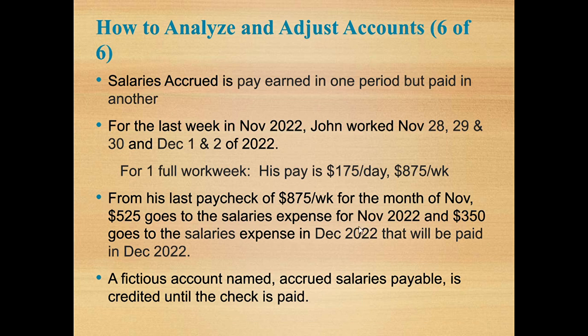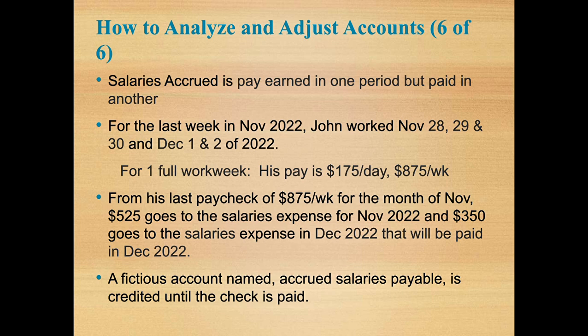So we would have to set up, and I say fictitious, the only reason why I say it's a fictitious account is because it's not really a liability. We're going to use this fictitious account named accrued salaries payable, or some companies just say salaries payable or wages payable, and we're going to credit that account. When we acknowledge this $525, and if you notice in all these adjustments, we're acknowledging the expenses.